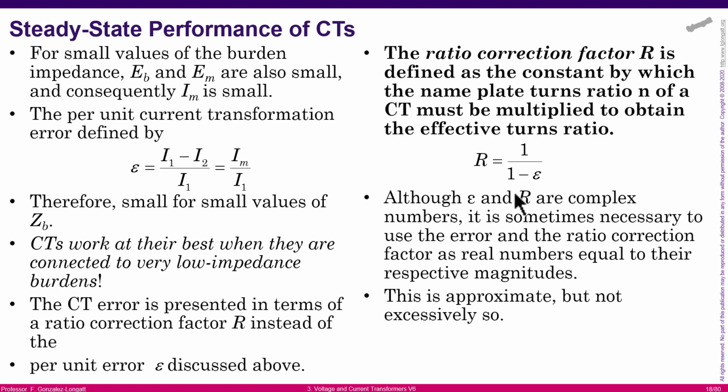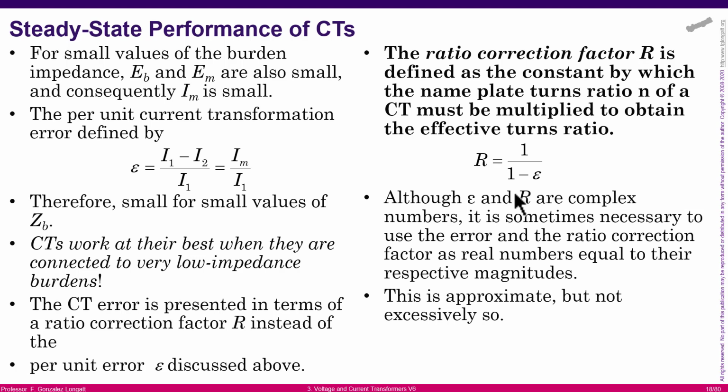Okay. Now what is really important for us for power system protection is identify that every single current transformer has indicators to define how good is performing the current transformer. In this case, I would like to introduce two of those indicators. One of them is very simple.